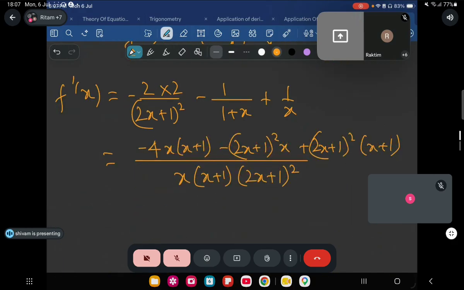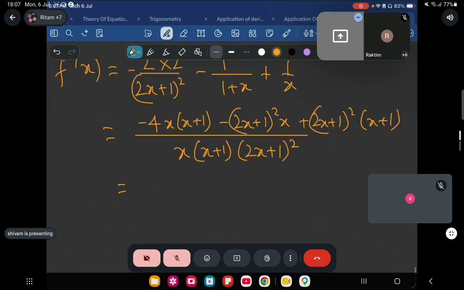Now (x + 1) into (2x + 1) whole square minus x into (2x + 1) whole square. This will become minus 4x square minus 4x into (x + 1). And over here, x + 1 minus x will become only (2x + 1) whole square. Now the numerator we can simplify.